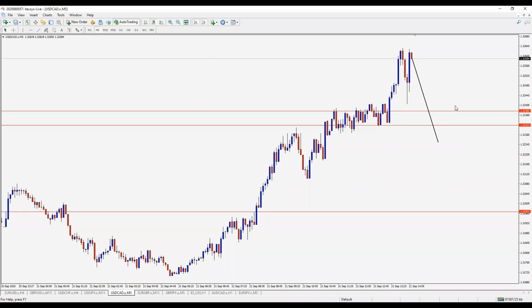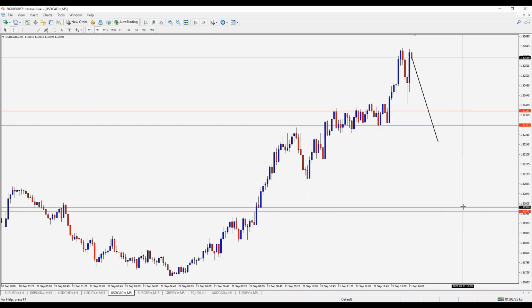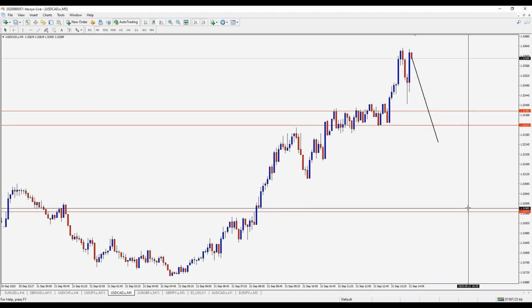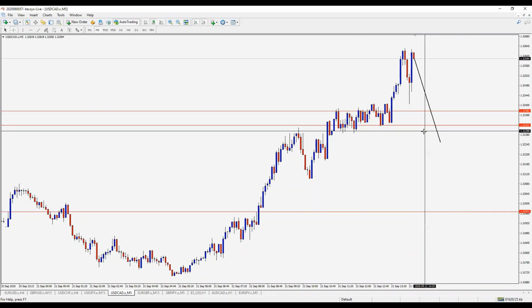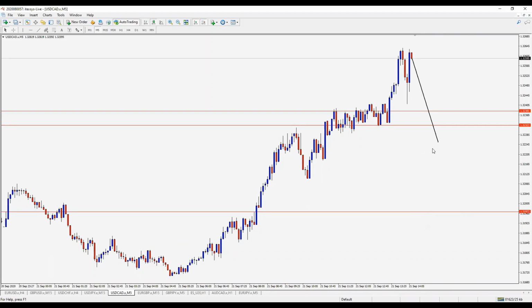Then I'll sell US dollar Canadian in order to reach that level as a final target. For now, we are still far from that level, and this is still a demand. I'm not sure about buying on the first touch because the price already checked very close here, so it can be checked already. And usually when I'm not sure, I just don't react.